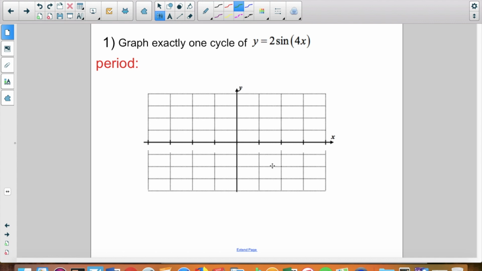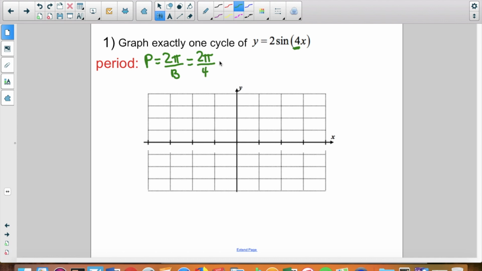So let's look at this first example here. Now, notice that there is a frequency here. If there is a frequency, you have to find the period. So the period is 2 pi divided by the frequency, which is 2 pi divided by 4.